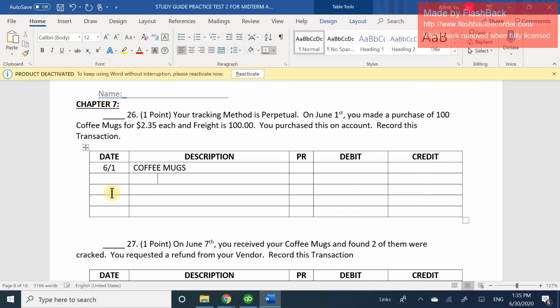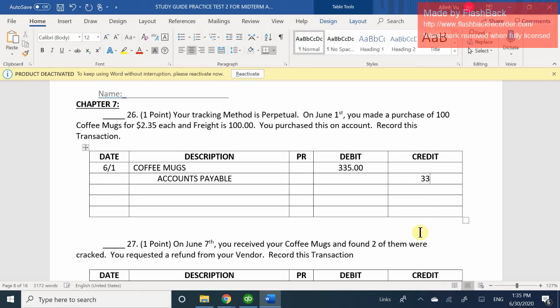And then I have in the notes, 100 coffee mugs. Coffee mugs for how much again? $335. Should be 235, right? 100 times 2.35. Okay, why do you say that?